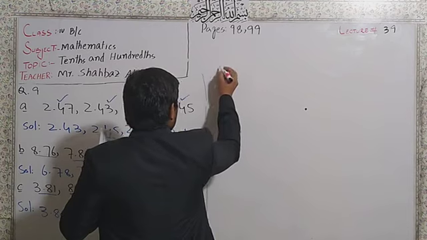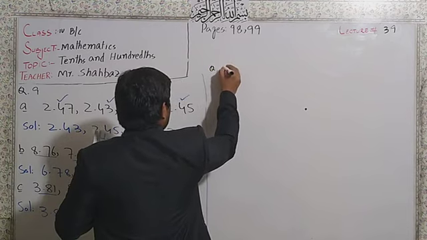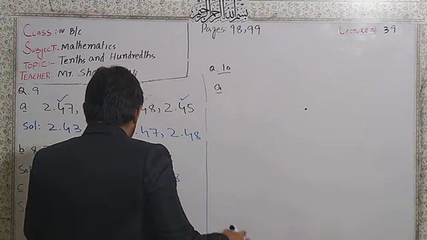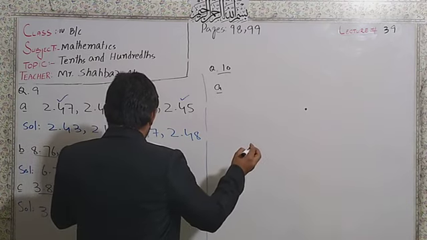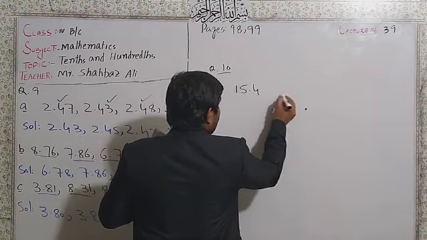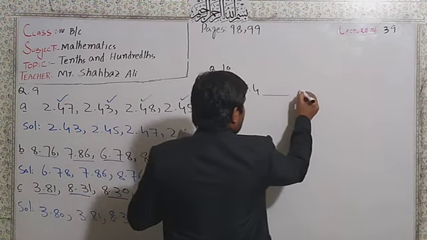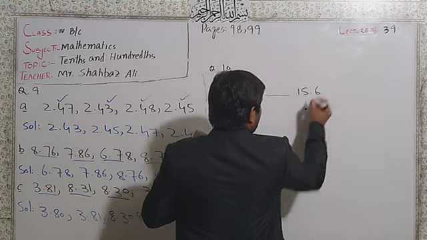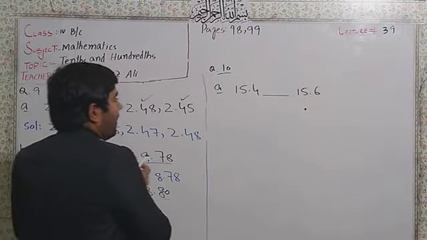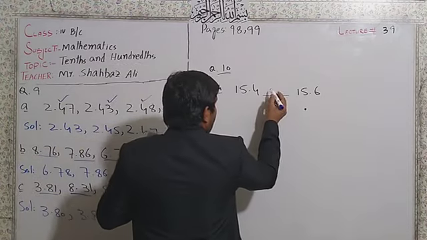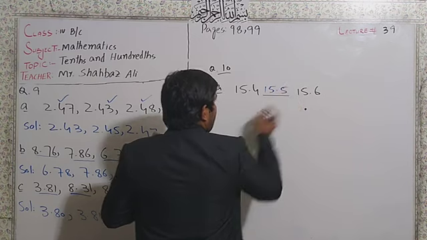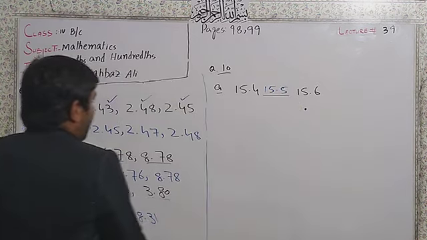This is question number 10, part A, 15.4, and here is missing, and this is 15.6. So what number will come between 15.4 and 15.6? There will be 15.5. It's very easy. 15.5, this is the answer.